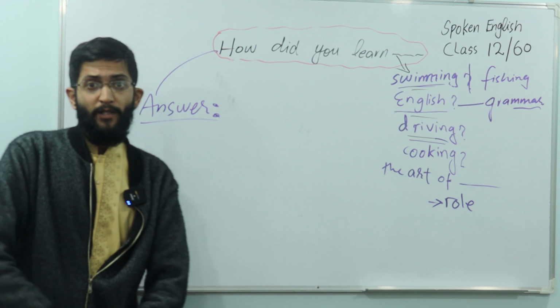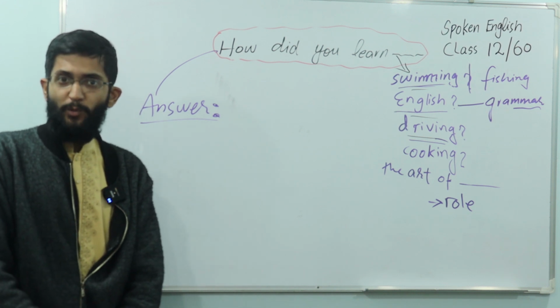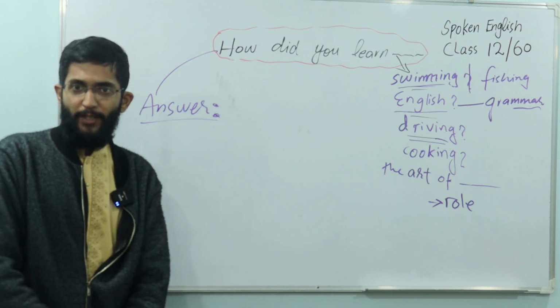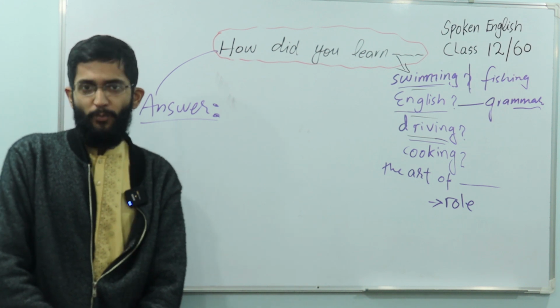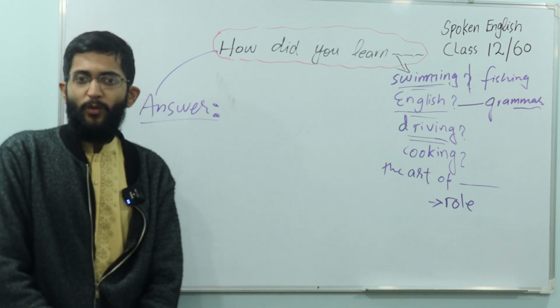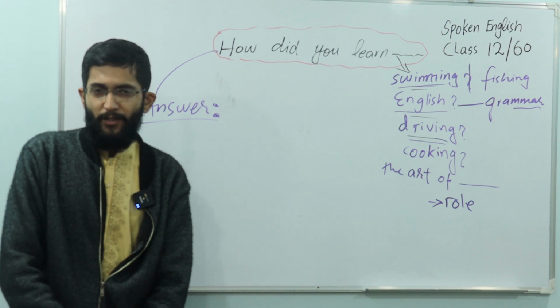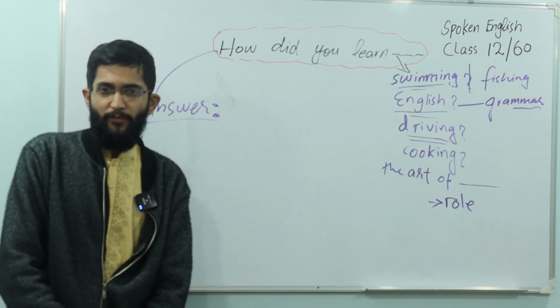How did you learn driving? Well, I started a driving course with a company, and they taught me. Well, my grandfather or my father bought a car and he taught me how to drive.